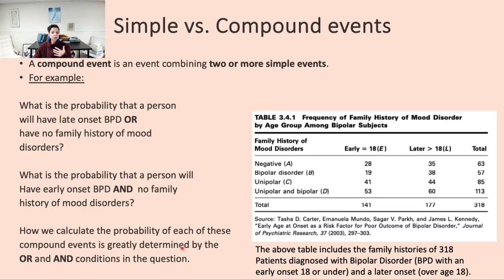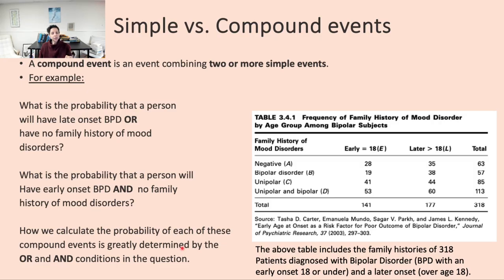But sometimes we are looking for compound events. A compound event is when an event combines 2 or more simple events, okay, where we have 2 or more outcomes that we're looking at. So, for example, if in the same study we wanted to look at the probability that a person will have late onset BPD or have no family history of mood disorders, another possible question with compound events is what is the probability that a person will have early onset BPD and no family history of mood disorders?